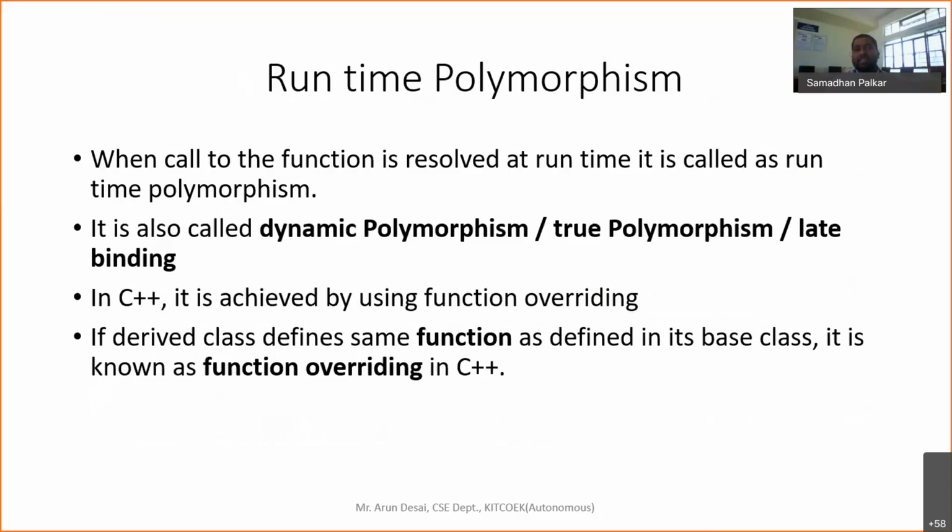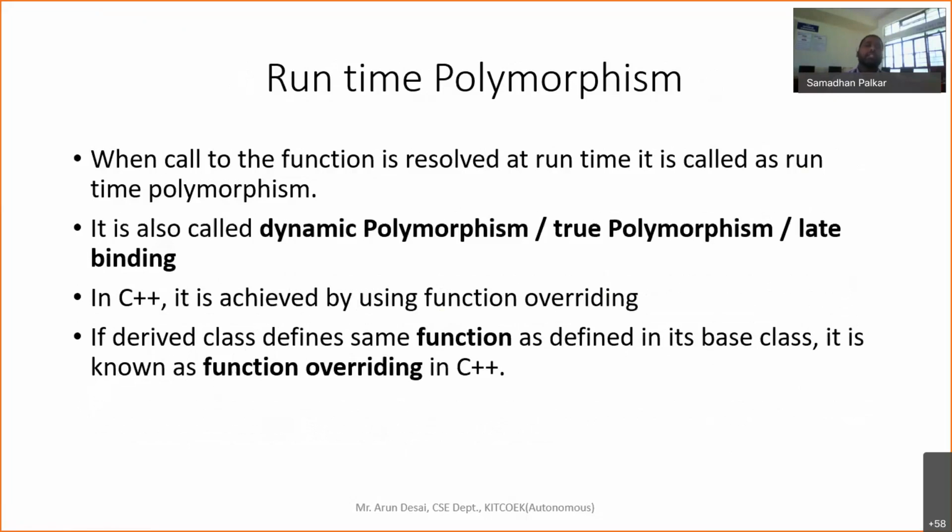Now next is runtime polymorphism. Just like compile time polymorphism, where the call is resolved at compile time, in runtime polymorphism the function call is resolved at runtime, and that is referred to as runtime polymorphism. It has some different names also.